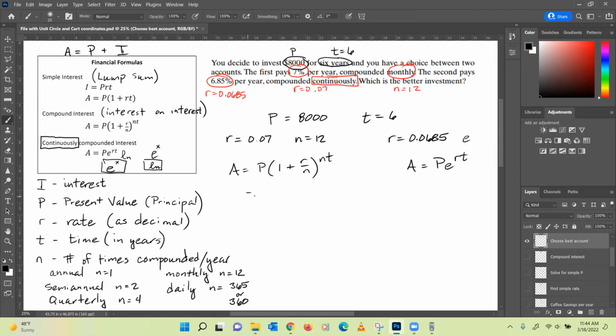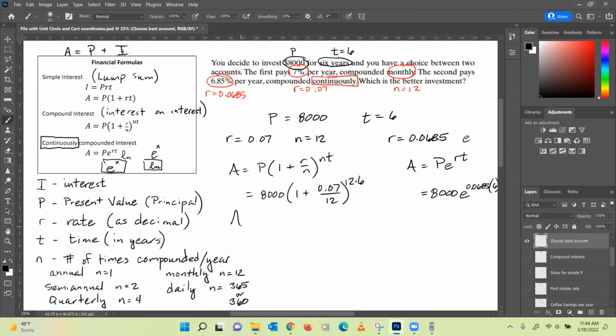Let's plug in what we know. We've got 8,000 times 1 plus 0.07 over 12 raised to the 12 times 6 power. Or we have 8,000 times E raised to the 0.0685 times 6.